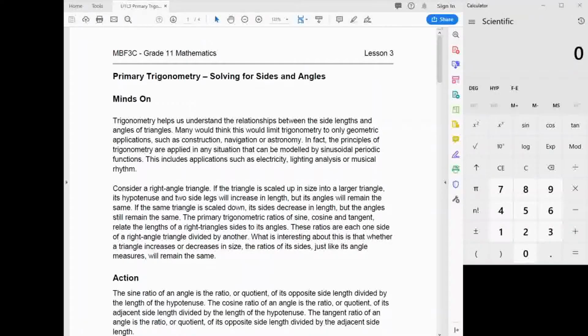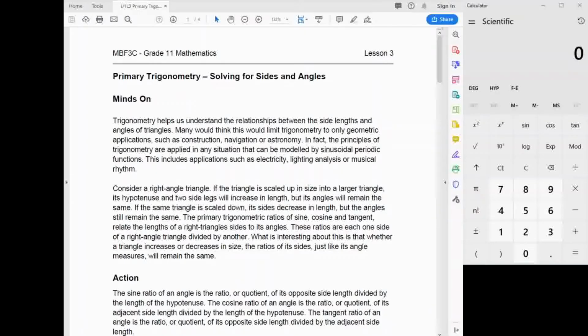Basically, if we turn our mathematics of trigonometry into a function, what we have is a function that is periodic. So it's a function that will reoccur at a certain period.